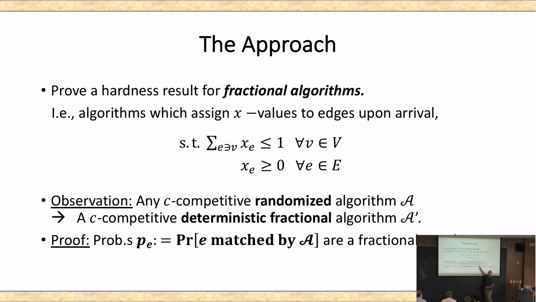The adversary doesn't need to see what you did; it knows what you're going to do. For a deterministic algorithm, after I give it edge 1, I know exactly what it's going to do. After I give it another edge, I know exactly what it's going to do, and so on. I basically know based on your code exactly what you're going to do, so I'm going to give you exactly an adversarial input for that code.